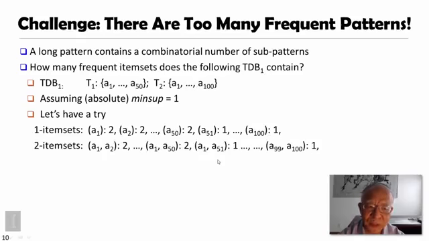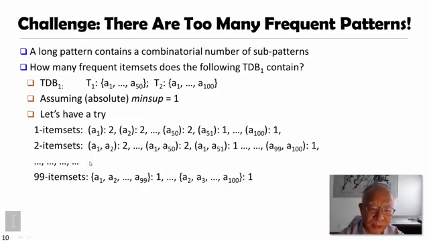What about two-itemsets? These are all the possible combinations: A1 A2, A1 A3, up to A99 A100. Some have support 2, some only 1. Then we can go on and on.